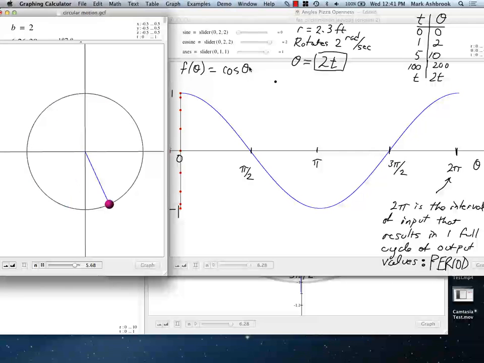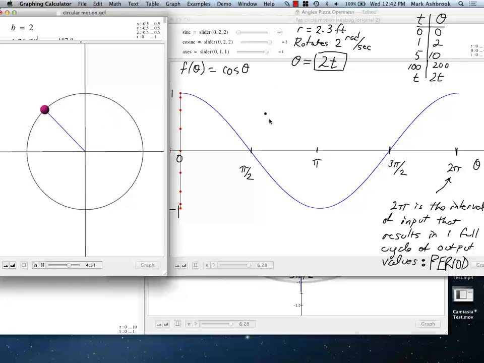So that graph that's shown there is cosine of theta. The period of cosine is 2 pi because that's how much input has to go by to get exactly one full cycle of the output, or it's going to hit all those output values until the point where it repeats again.